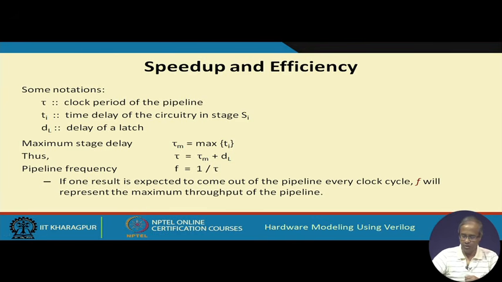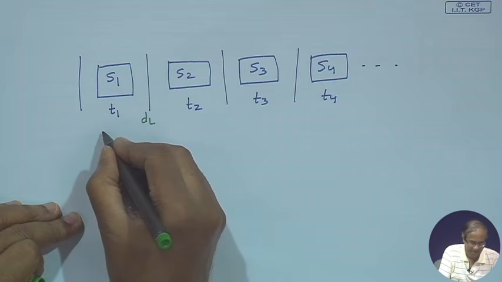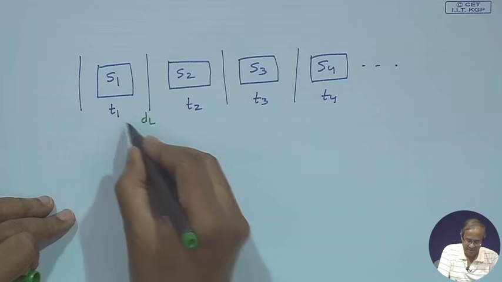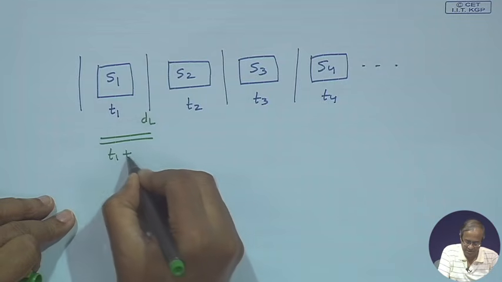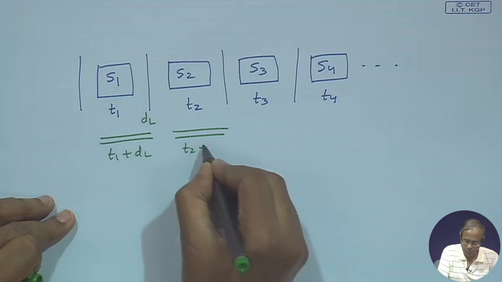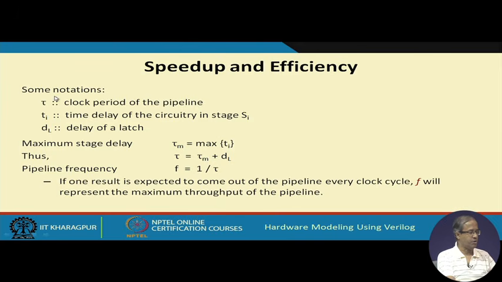So, what will be the total delay of a stage? T1 plus the delay of a latch, right. So, the delay of this will be T1 plus dL, delay of this will be T2 plus dL and so on, right. Now, you see we have a common clock.